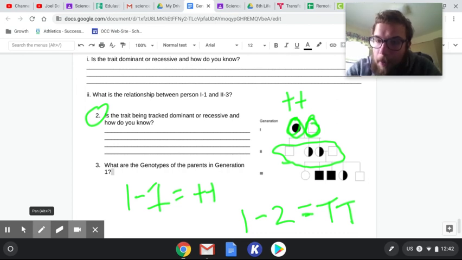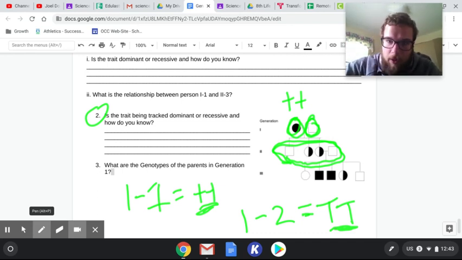Now, if you think about it Punnett square wise, this makes sense: nobody in this generation is going to be little t because this person is providing a big T to all the squares in the Punnett square. If you were to do the Punnett square, all of their children would have a big T guaranteed because of that person. Okay. So that's another indicator that it's recessive.